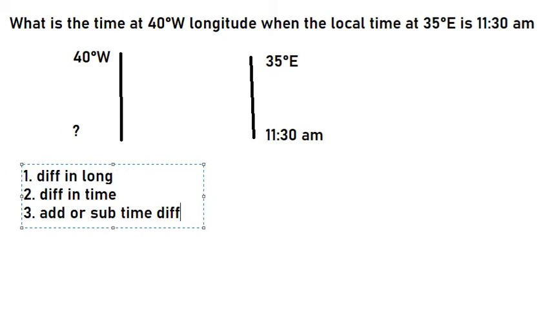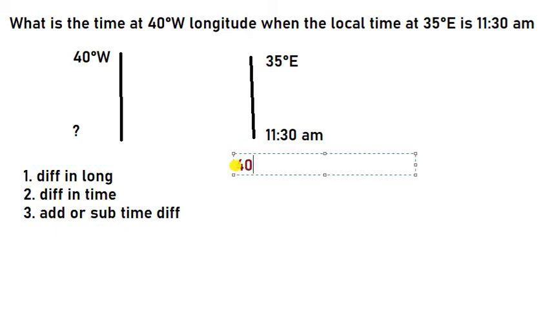Let's begin. First one is to find out the difference in longitude. Here it is very easy. On the left side, we have 40-degree west longitude, and on the right side, it is 35-degree east longitude. So from west, if we go towards the east 40 degrees, we will reach 0-degree longitude.